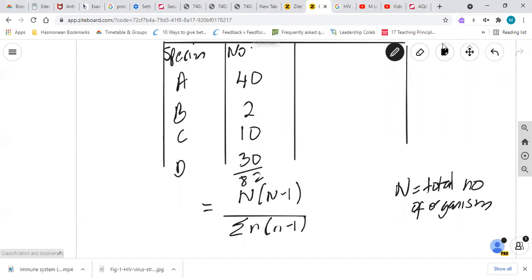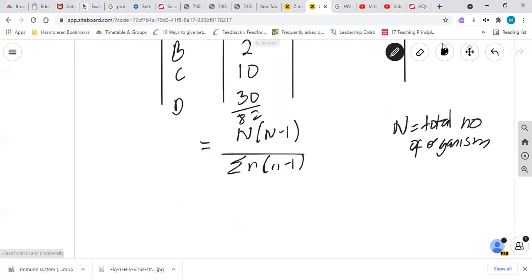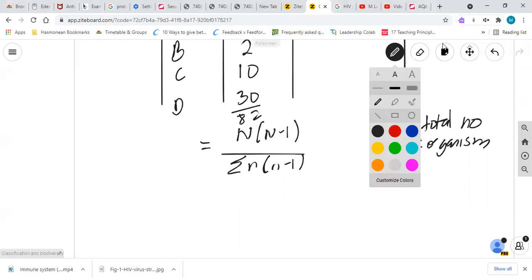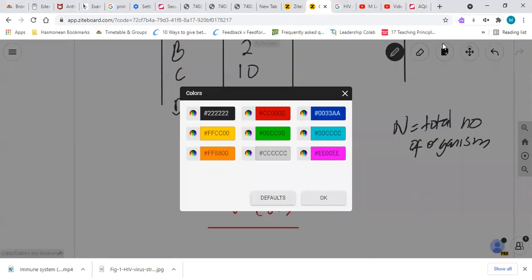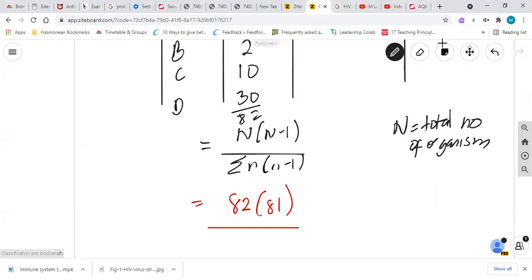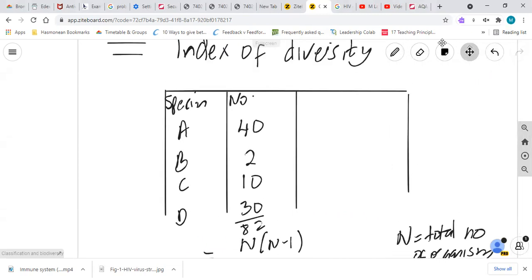Okay, so we know straight away that our first number is going to be 82 times 81. We then need small n. Small n is the number in each species. So in other words, it's this number over here. That is small n.